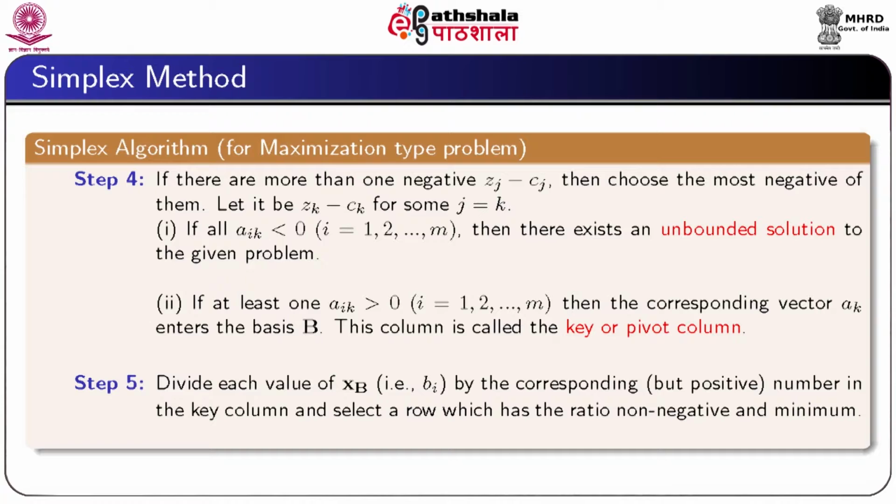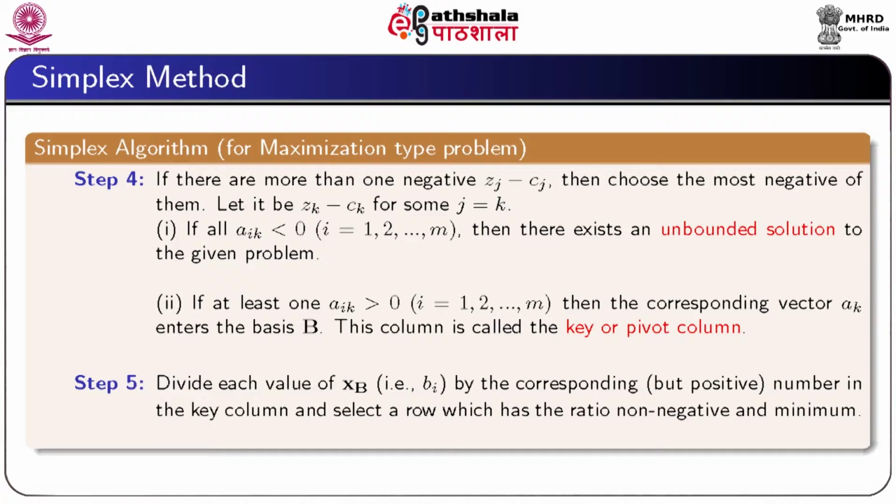In this step, that is step 4, if there are more than one negative Zj minus Cj, then we choose the most negative of them. If Zk minus Ck for some j equal to k is the most negative one, then Ak should be the entering vector.